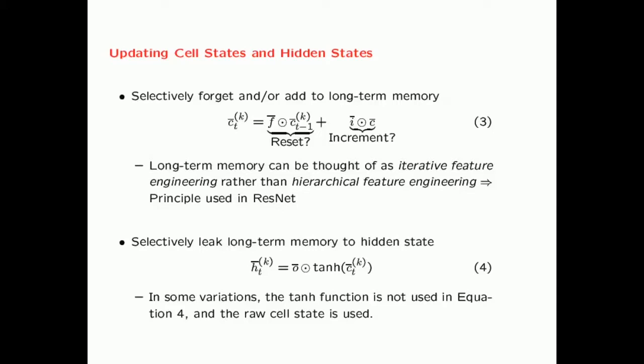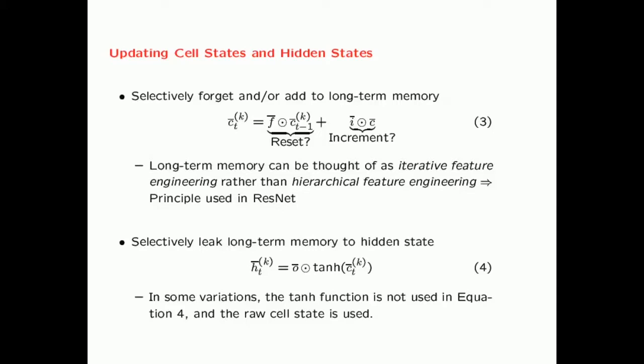Now in this long-term memory, what you're doing is copying a part of the memory, which is a very gentle operation. And at the same time, you're allowing a small amount of iterative increment. So you can think of this as iterative feature engineering. Now most of the time when we have discussed operations in neural networks, we always talked about hierarchical feature engineering, which is essentially a matrix multiplication followed by a nonlinearity.